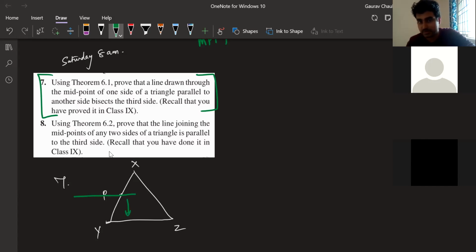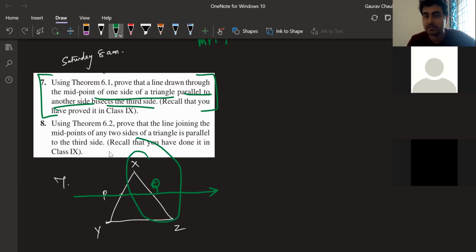It's parallel to YZ. We don't know that Q is midpoint or not. That's what we have to prove, that Q is the midpoint. Then only it will bisect the third side. Prove that a line drawn through the midpoint of one side of a triangle, midpoint of XY, and parallel to another side, parallel to YZ, bisects the third side, bisects XZ.